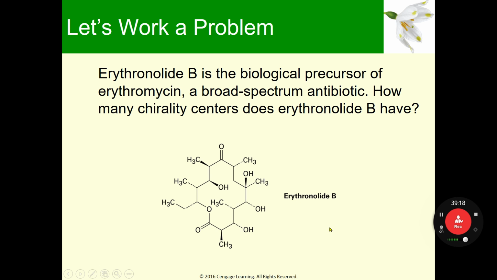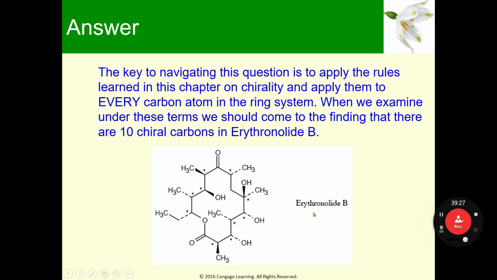And only one of these isomers is a biologically effective antibiotic. If you count the number of these chiral centers, you can easily calculate the number of stereoisomers you can have. All right.